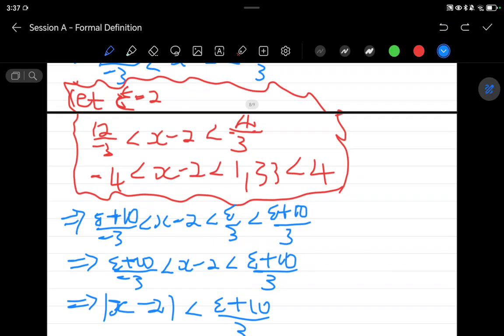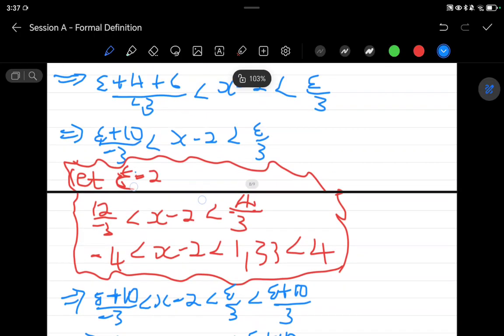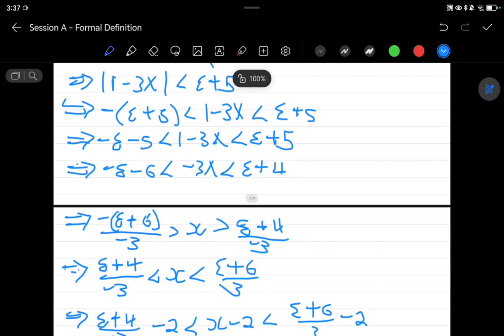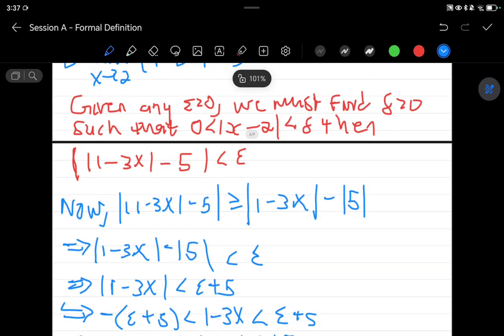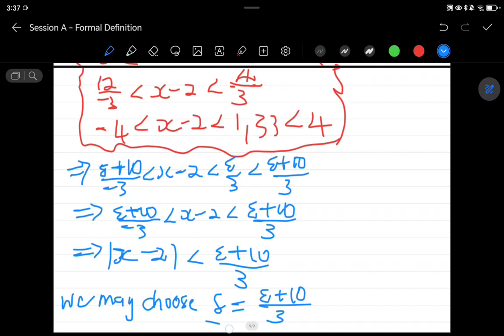Hence we may choose delta to be equal to e plus 10 over 3, since we didn't assume any delta to be less than 1. We only have one delta, so we're going to use it like this. But if I had assumed delta, I would say this is equal to min of 1, then this one.